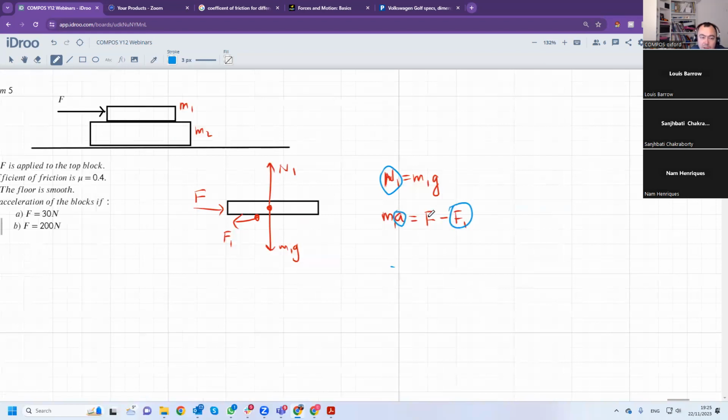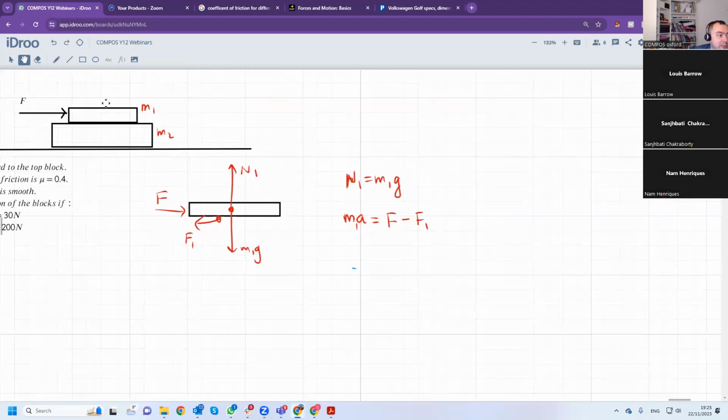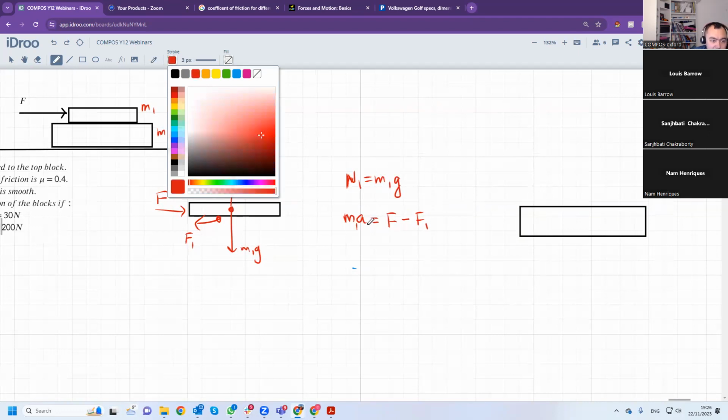So we have 3 unknowns in 2 equations. That's not good. We cannot solve it because we have more unknowns than equations. Okay, so we take the second box. Now, we don't know whether the boxes have the same acceleration or not.